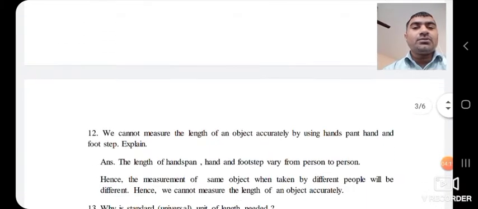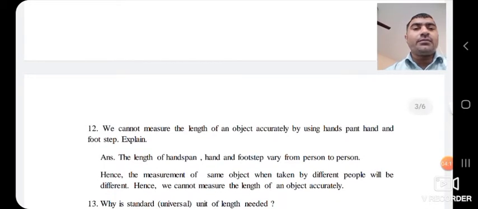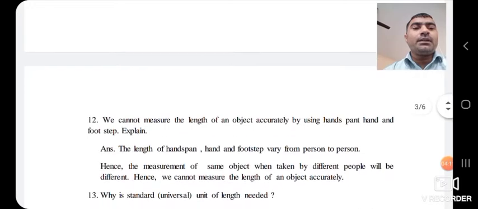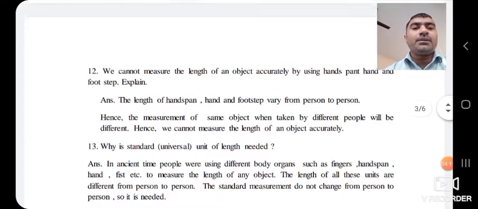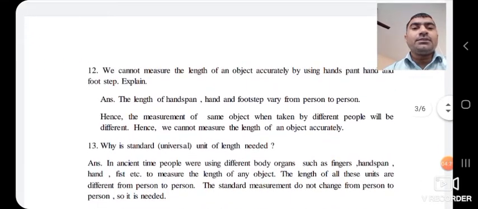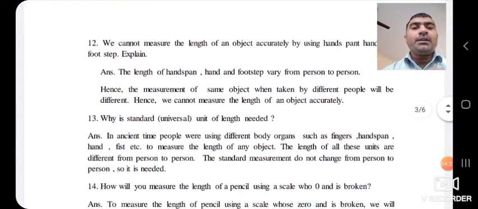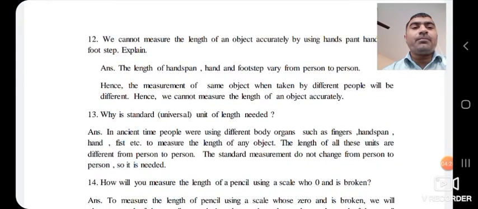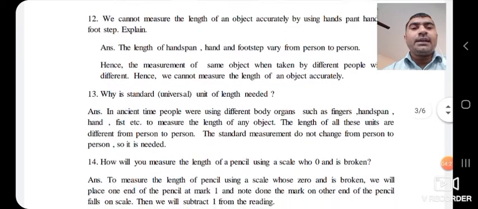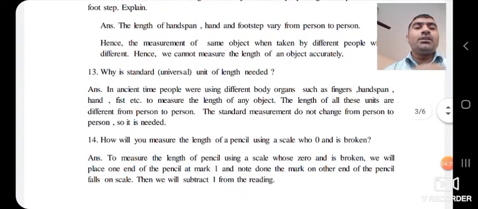Now the next question we have: we cannot measure the length of an object by using hand span and footstep. Explain. See, the length of the hand span and footstep varies from person to person. These are body parts, right?